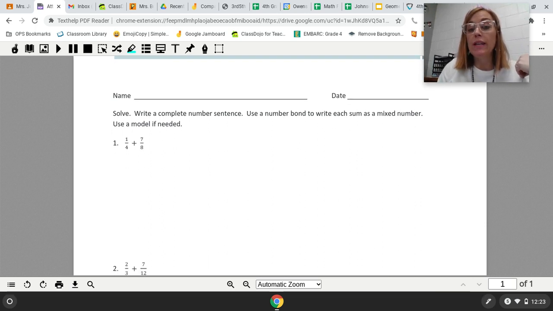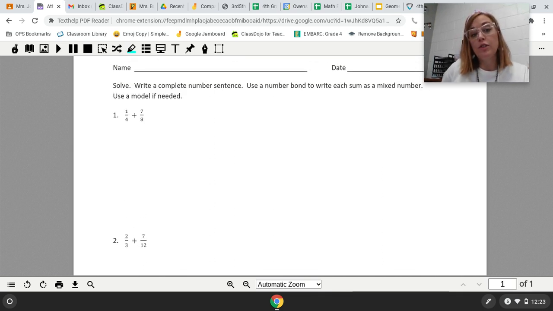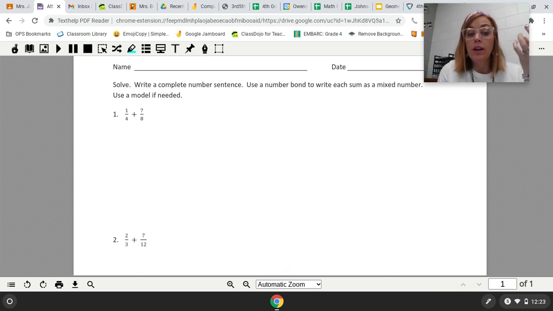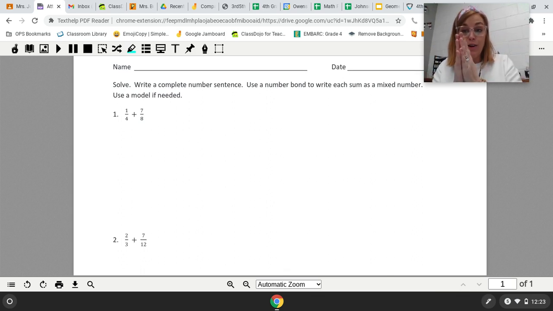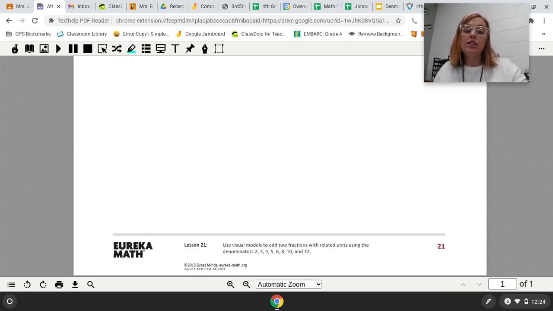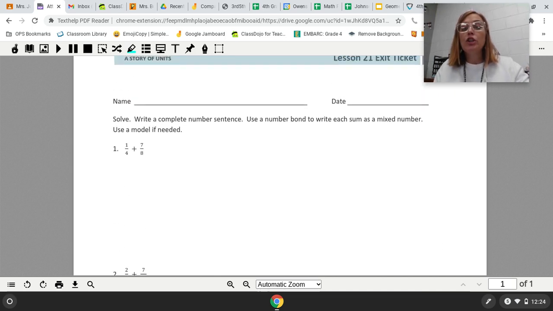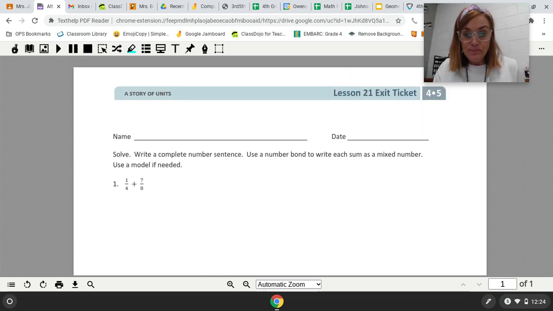Make sure that you use a number bond to write the sum as a mixed number. Use a model if needed. So you don't have to do any models here. You have 2 problems. The first one is 1/4 plus 7/8. So you have to get your apples and oranges to be all apples, or all oranges. And then same with 2/3 and 7/12. Don't forget at the end to write a mixed number.